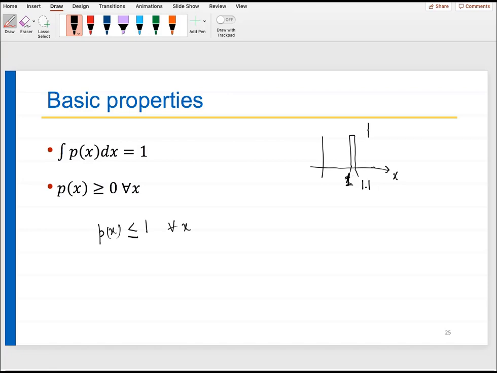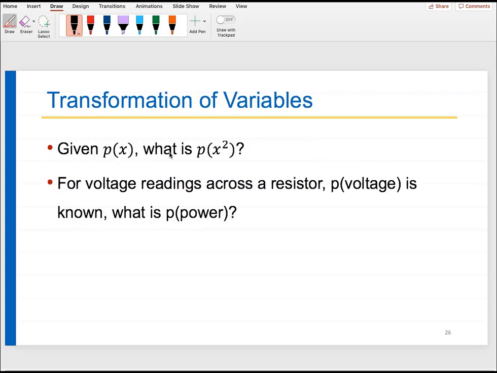What is this P of x? Because your condition is that it should integrate to 1, which means the area under the curve should be 1. So the height should be n. So P(x) is not less than 1, and this is a valid P(x). So this property is not correct.